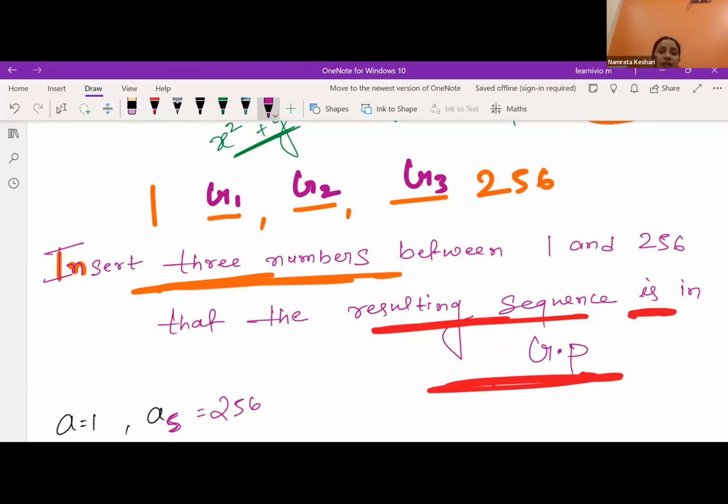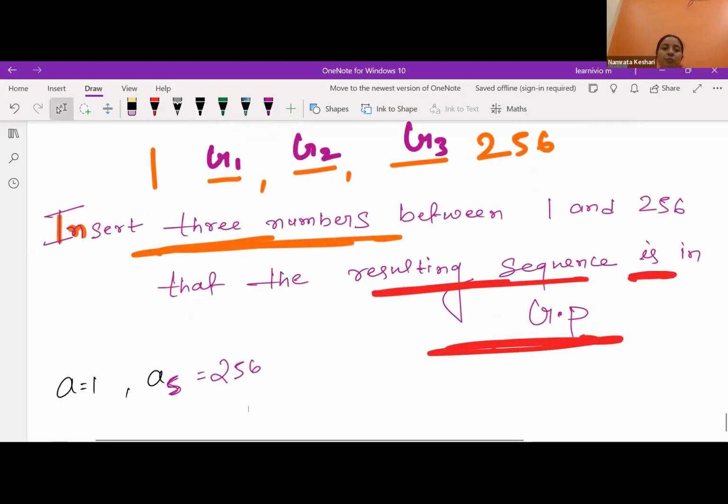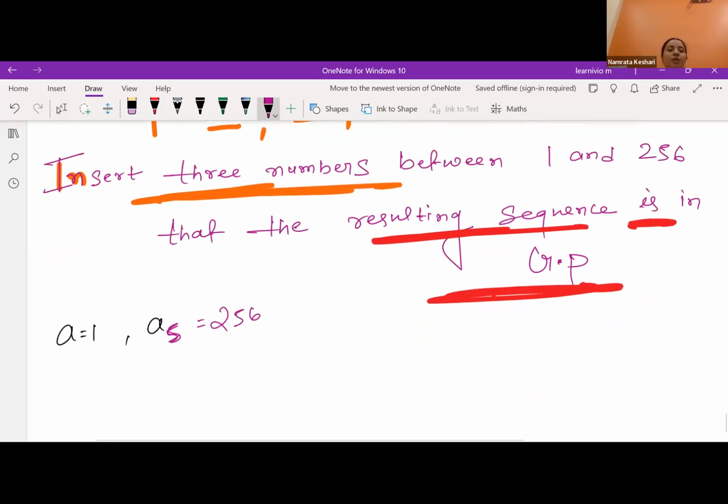We have clarity at least about these two terms. And if we use the nth term formula, that is a r to the power n minus 1, the fifth term formula is a r to the power 5 minus 1. That is 256. Can you see we are able to find the r value from here? Why? Because a is known. Yes or no?